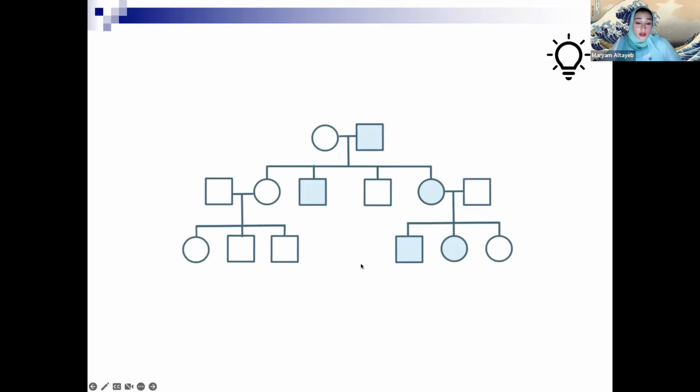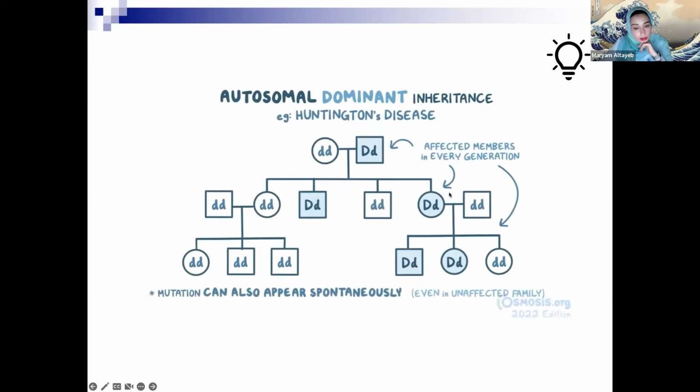What do you guys think? Does this look like something dominant, recessive? How do you think about it? And again, feel free to make mistakes. This is your time to learn. Autosomal dominant, you are correct.